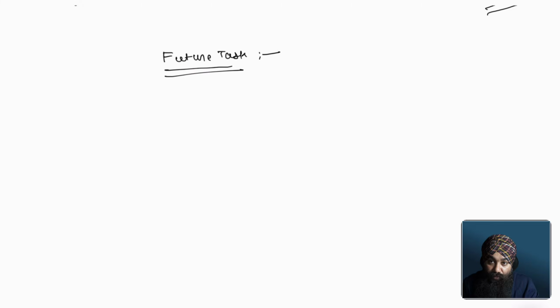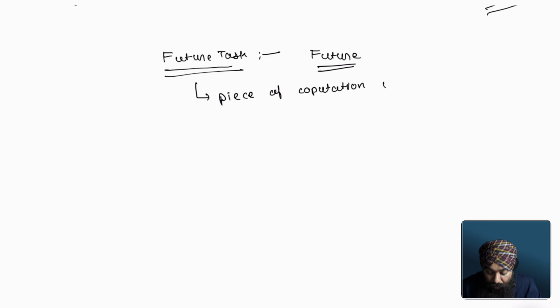The computation which will complete in the future is the future task, and the result is the future. It is a piece of computation whose result will be available in the future.